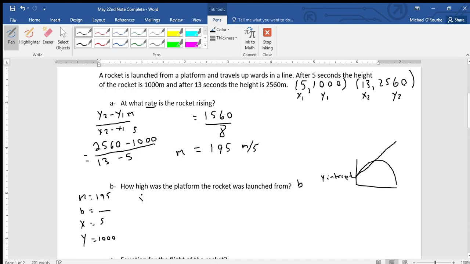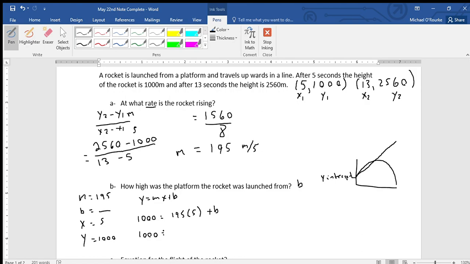So we have Y equals mx plus B. 1,000 equals 195 times 5 plus B. So 1,000 equals, my calculation right?